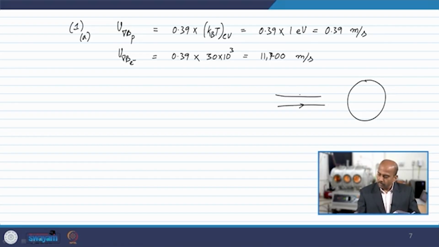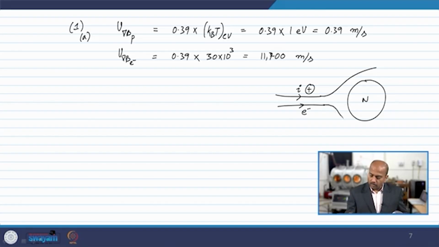Now, if you look at this picture, if the plasma is coming from here like this, let us say this is the ion or the positive charge and this is the electron. Because of the charge dependence of the gradient drift velocity, both the particles, so this is the north, you are looking from the top. The magnetic field of the earth, if you consider that and use the right hand thumb rule, we can realize that the ions will move like this and electrons will move like this.